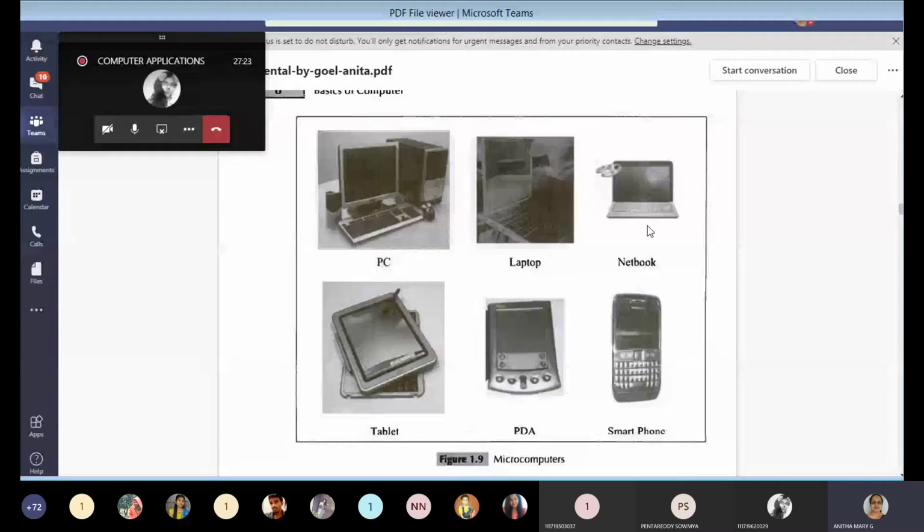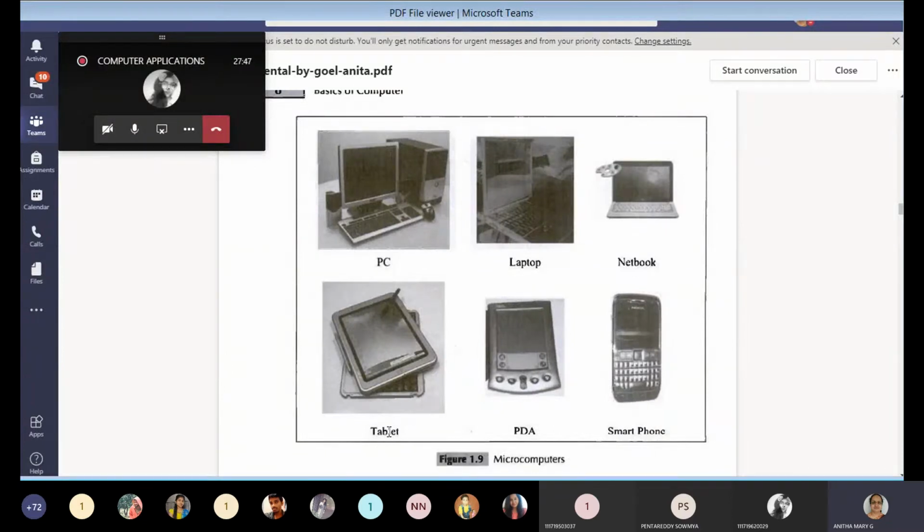Surfing or browsing can be done using the netbook. The word netbook was created as a blend of internet and notebook. Whatever content you can take from the internet can be browsed through this. That's why it is called a netbook.